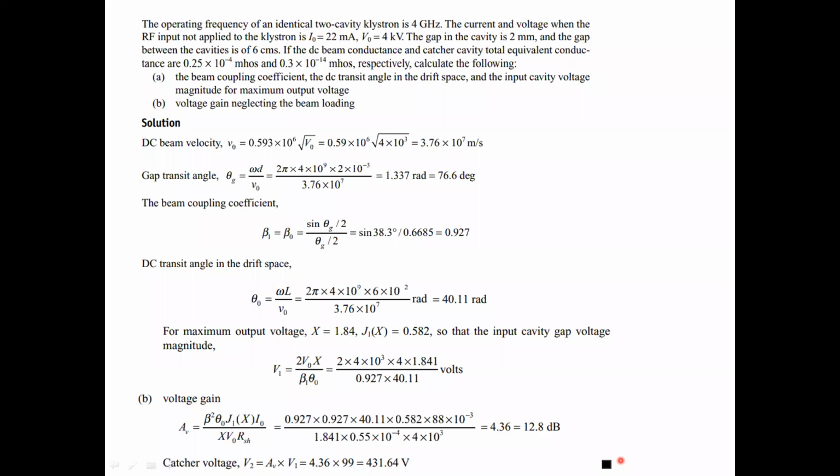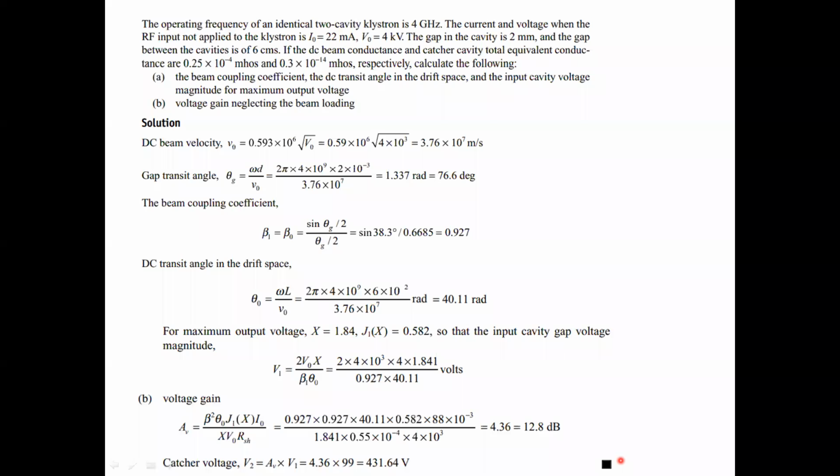Next, voltage gain. How to evaluate the voltage gain? We have the previous theoretical formula: beta square theta naught J1 of x I naught divided by x V naught, into shunt resistance. So beta we have 0.927, so 0.927 into 0.927.